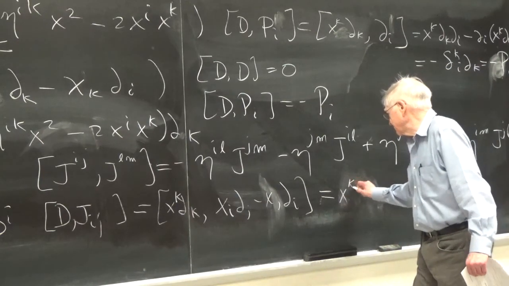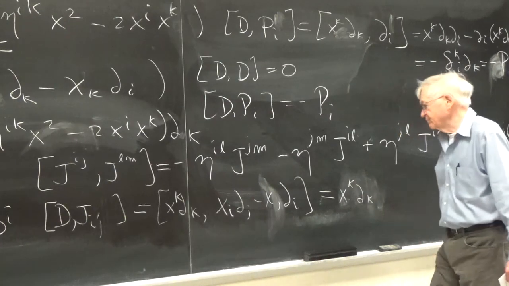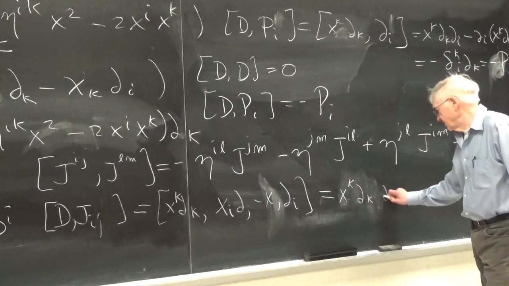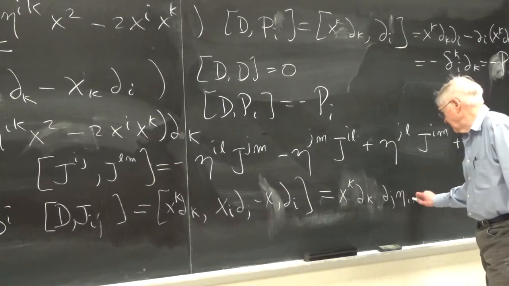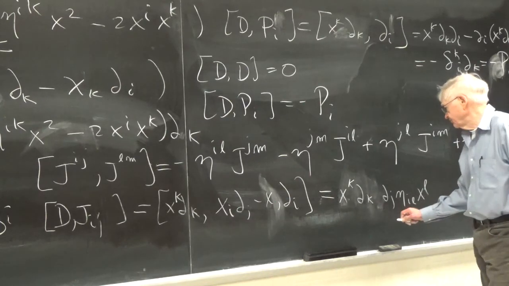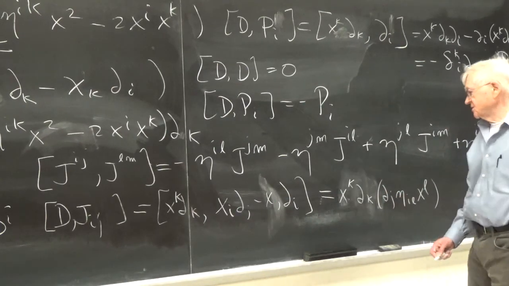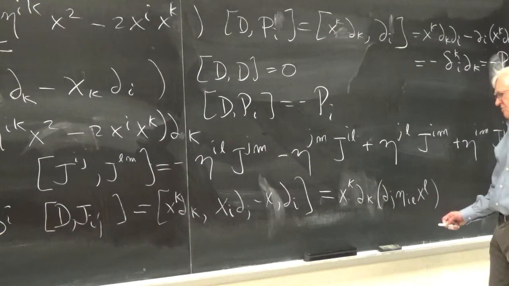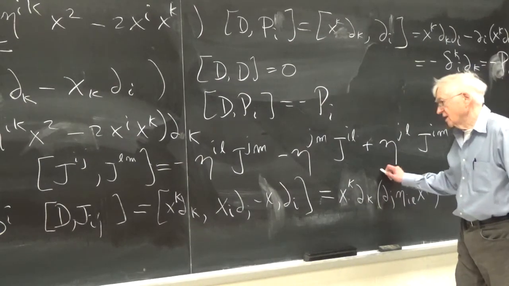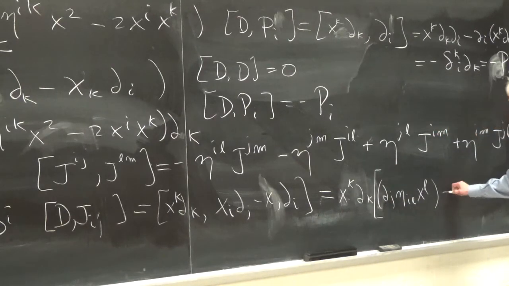It's x^k d_k on d_j, eta_il x^l. So that's this term. But it actually hits both terms, so let me do both terms. The other term is minus eta_jl x^l d_i. So it's all of that.